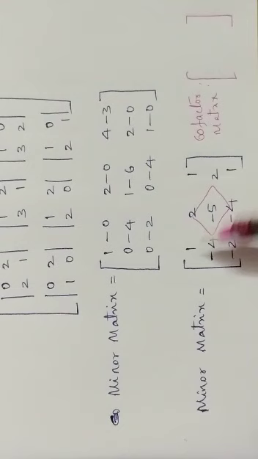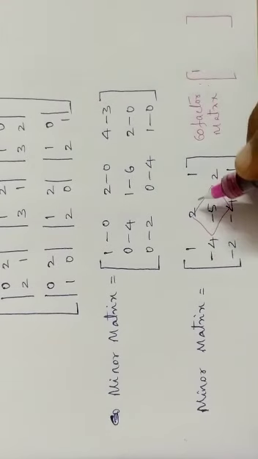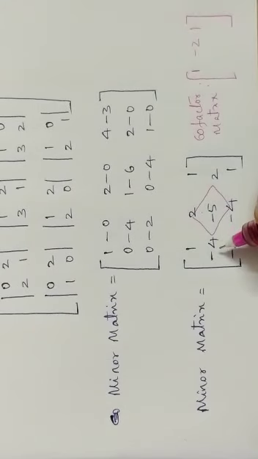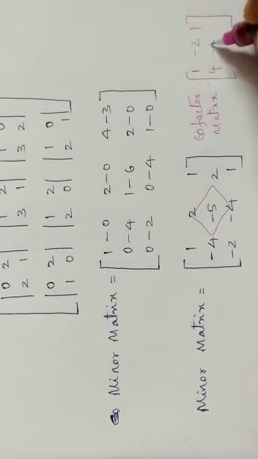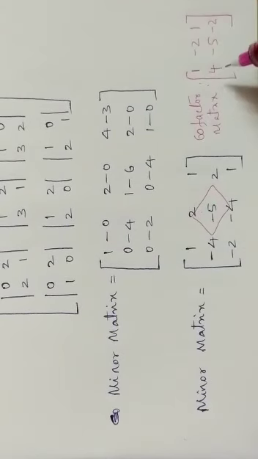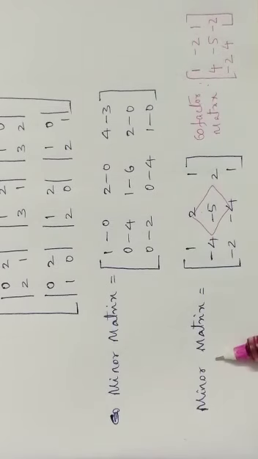Remaining elements as it is. 1, minus 2, 1, minus 4. So what to write? Plus 4, minus 5. This is plus 2. What to write? Minus 2, minus 2. Since this is minus 4, you have to change its sign. Plus 4 and 1. Likewise, we will find the cofactor matrix with the help of the minor matrix.